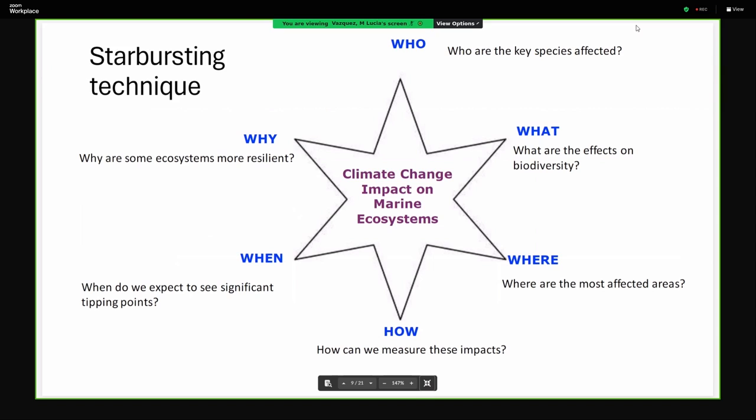Where is this happening? How can I measure the impact? When do they expect to see significant tipping points? Why are some ecosystems more resilient? So you can ask all these W questions to help you see what questions are related to the problem you're trying to address. Generating all those questions helps clarify your mind in terms of what you could focus on.